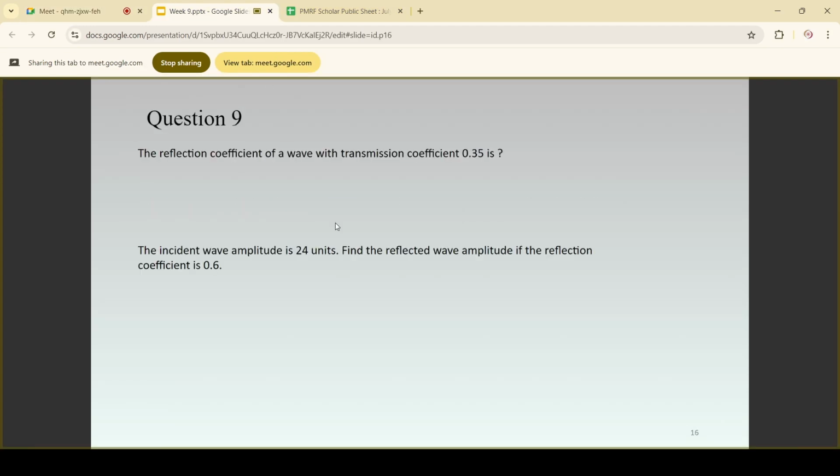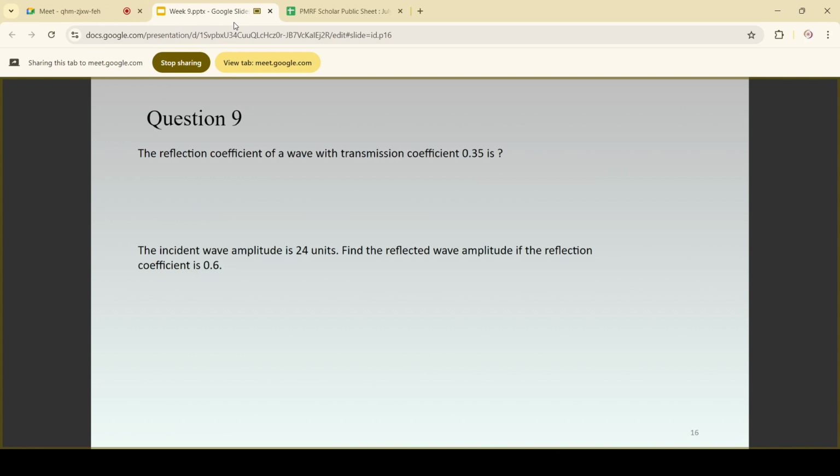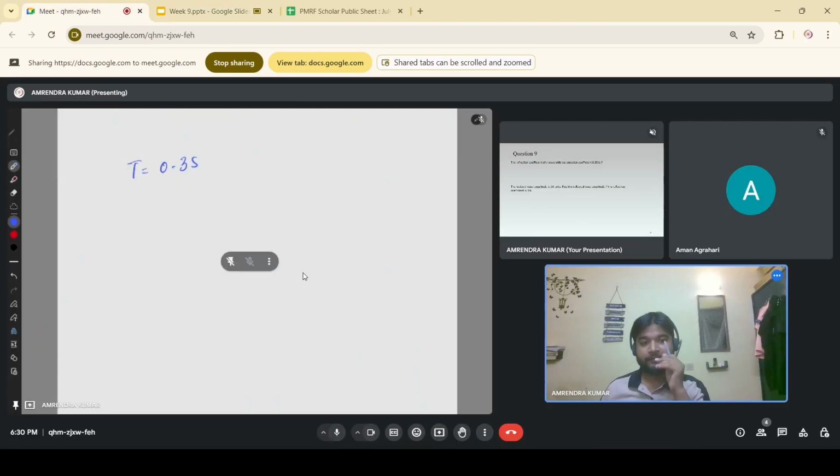The question is: find the reflection coefficient of a wave with transmission coefficient 0.35. It's a very simple question. We have the transmission coefficient equal to 0.35. I think it's very easy to solve, but since it was there, we can see that energy conservation demands that R plus T is 1.